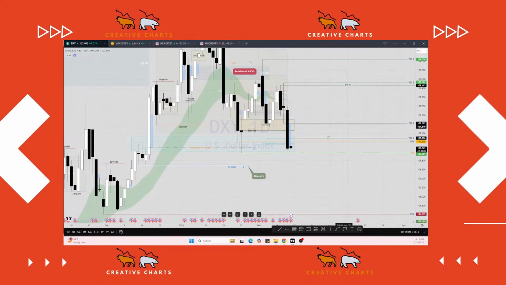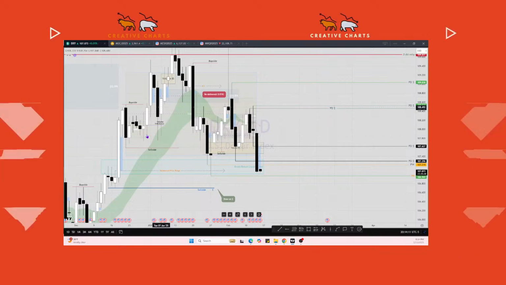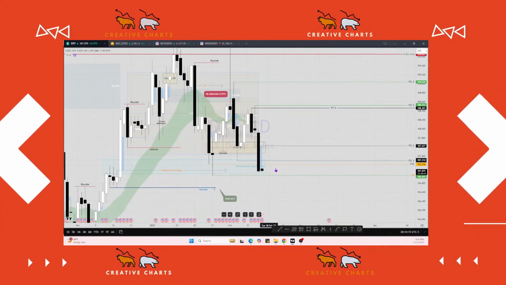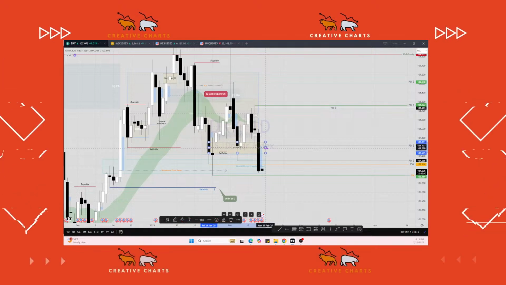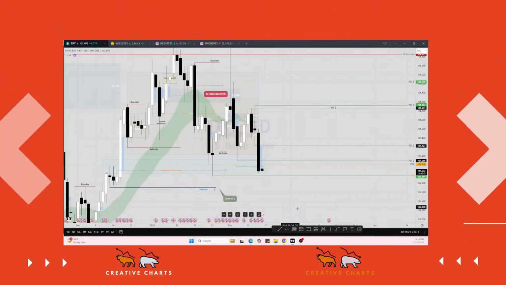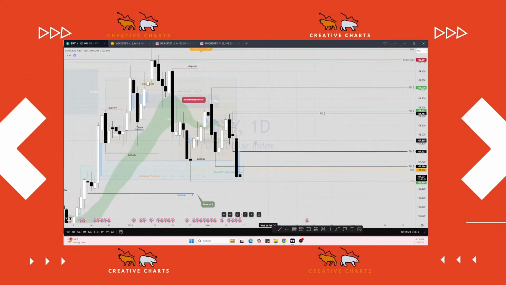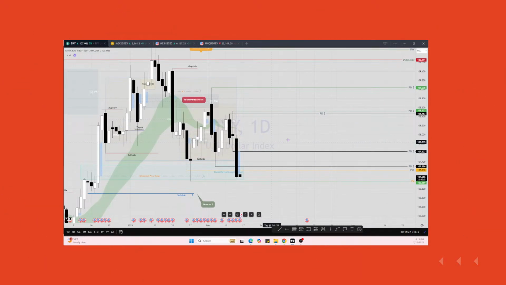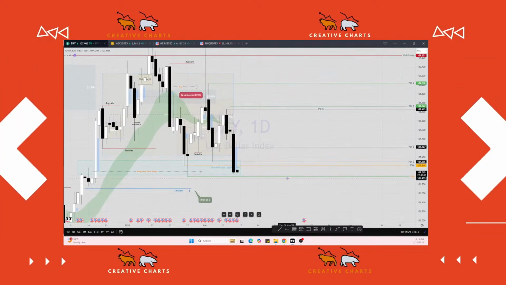So we have sell side drawn liquidity. The price was in this range. We've just broken out of this daily range to the downside. Don't really care about this anymore. Get rid of that. This ain't so much of a big deal anymore either. We'll keep that just in case.